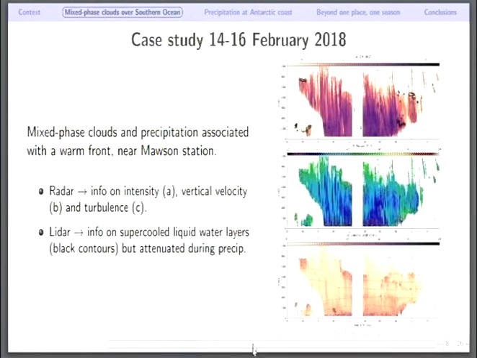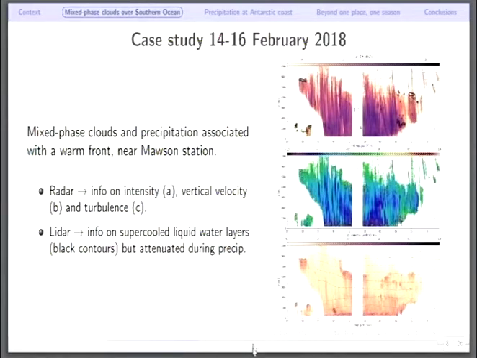The second panel is about the vertical velocity, so a combination of the terminal fall velocity of the particles and the vertical wind. There's always wind in the atmosphere. And finally, the spectral width we'll consider as a proxy for turbulence in this case. So we have a lot of information from the radar, and from the LiDAR, you may see these black contours here, and these are the regions where supercooled liquid water was identified using the LiDAR.